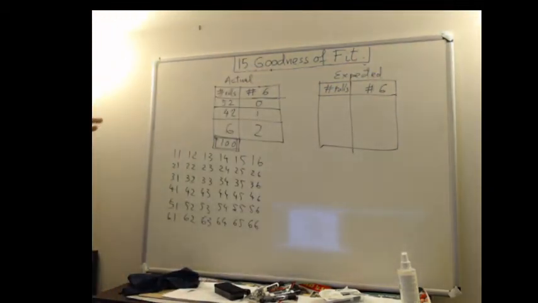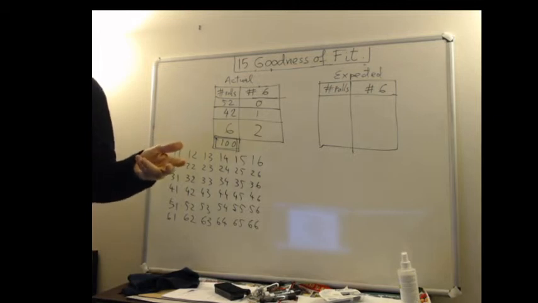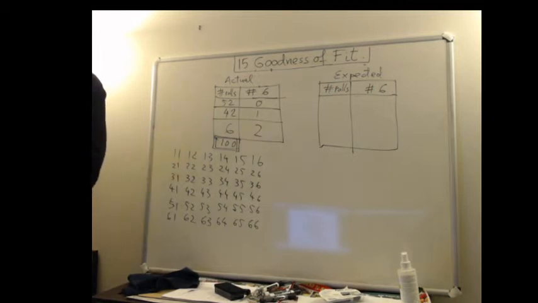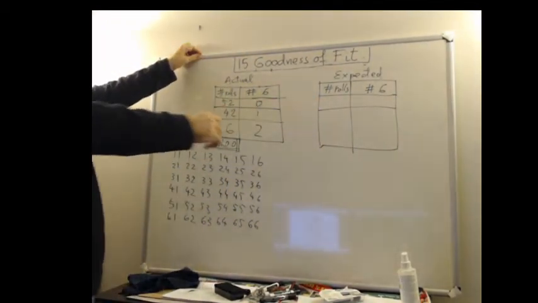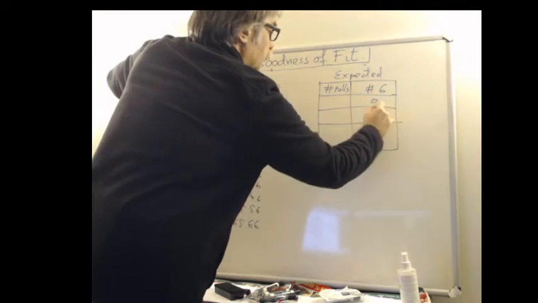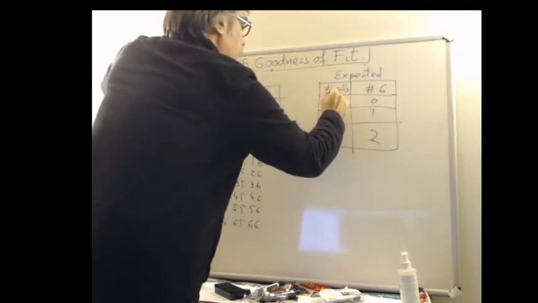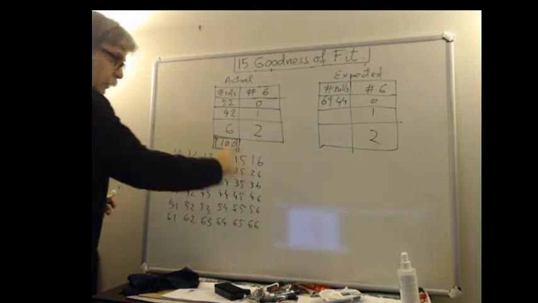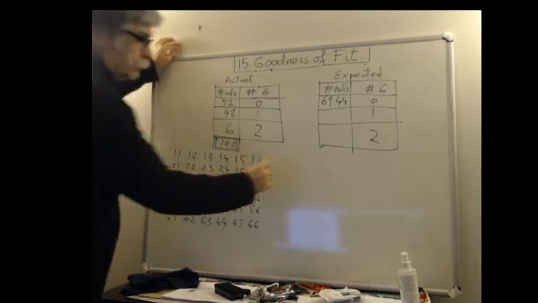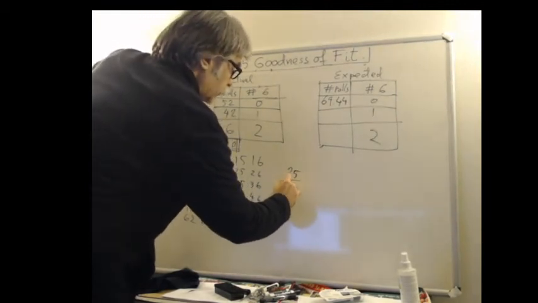That would be approximately 69.44%, out of 100 rolls. You should have 69.44 rolls without any 6, because again, this is 25 out of 36.